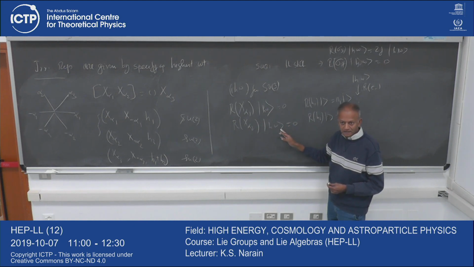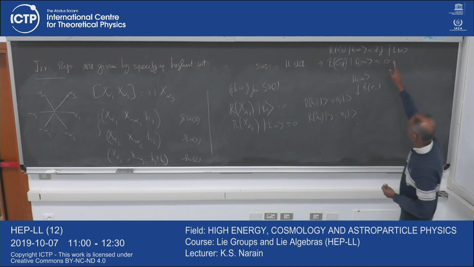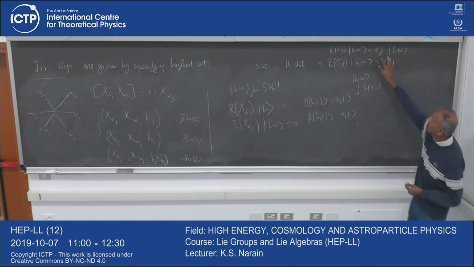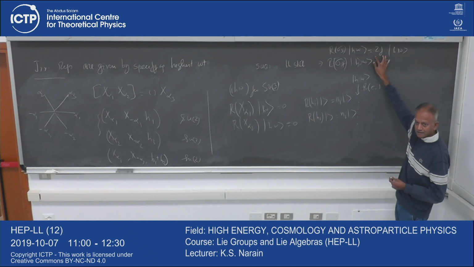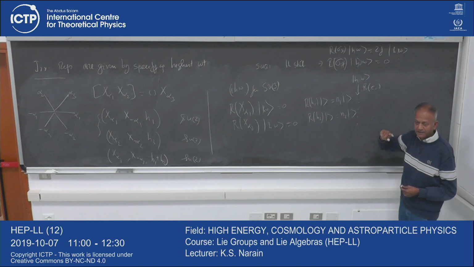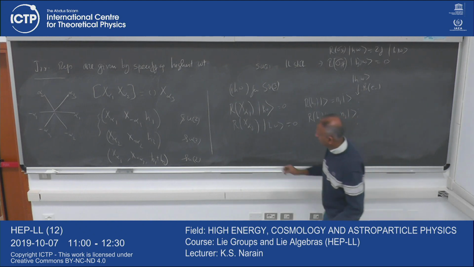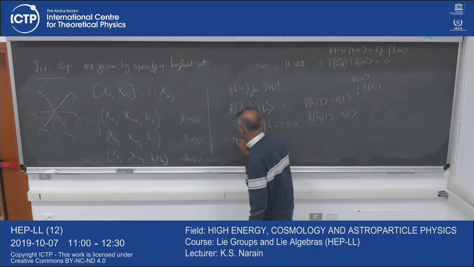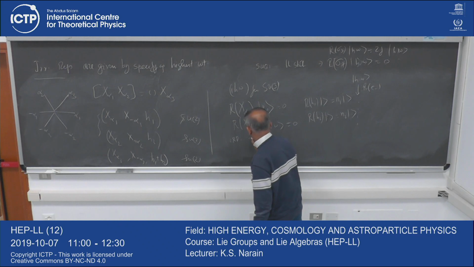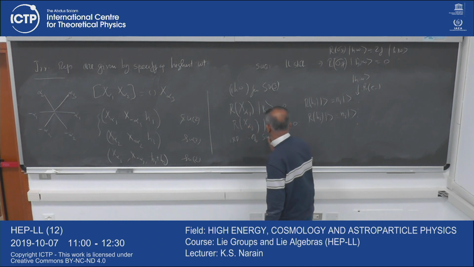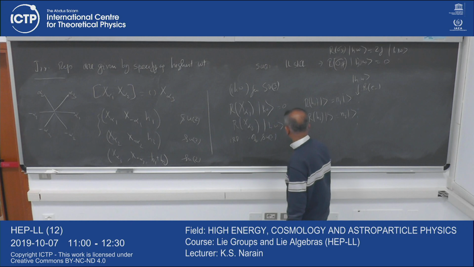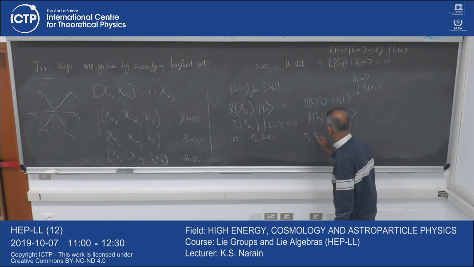Now you see, as opposed to the SU2 case, where we had just one integer which specified the entire irreducible representation, here I have to specify two integers, N1 and N2. Okay. So irreducible representations of SU3 are specified by two integers N1 and N2.